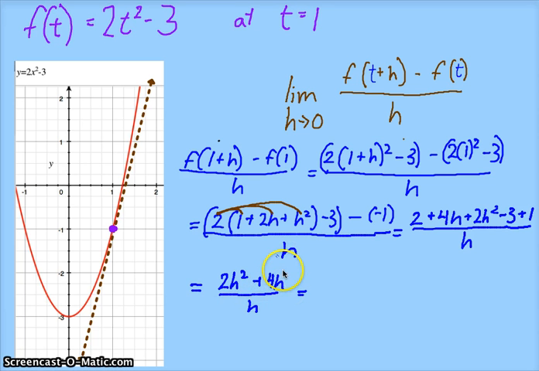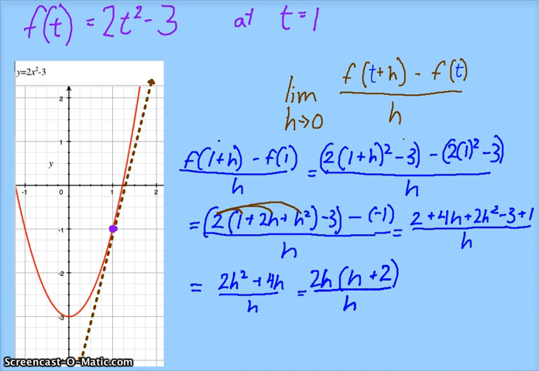I've got a bunch of h's, so let's factor out an h on the top. I can factor out 2h, so I have 2h times h plus 2. Or we could have just factored out h, it's fine.